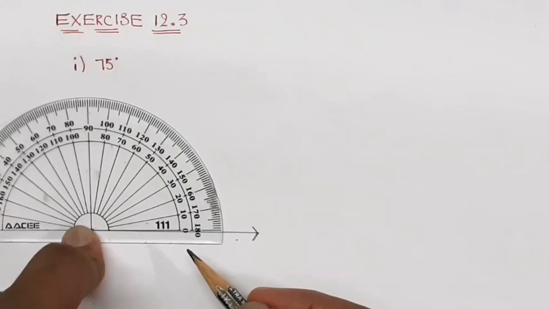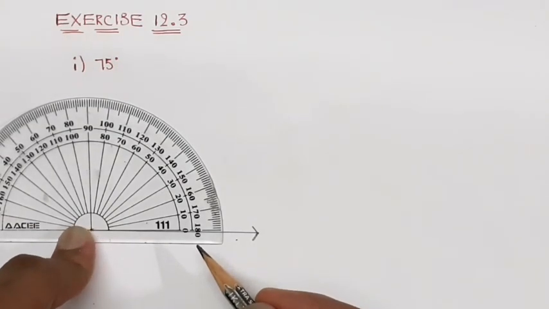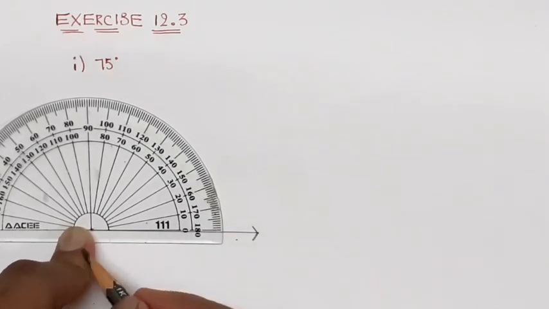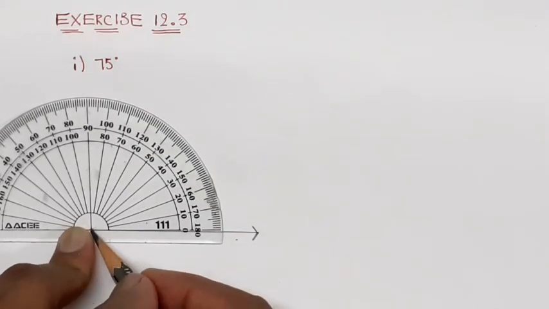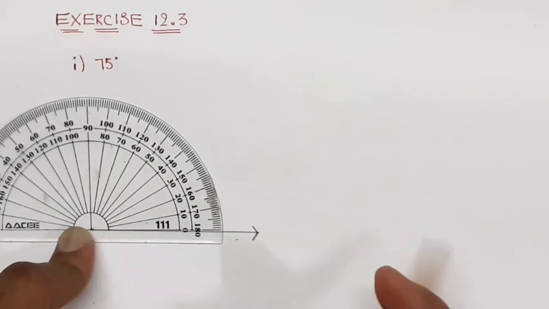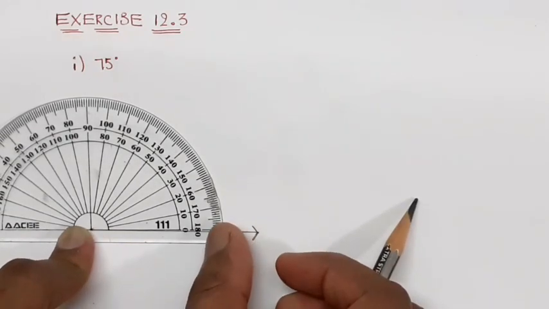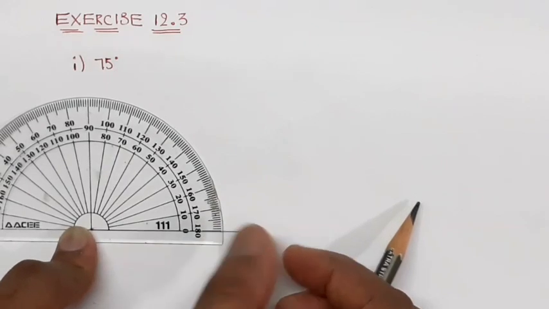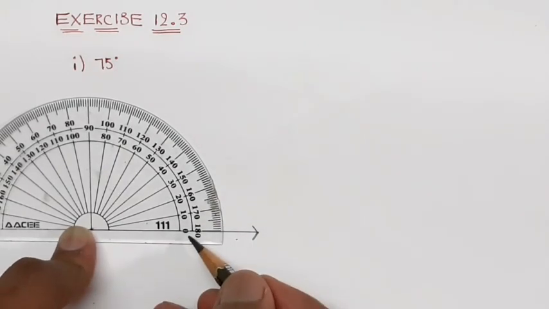Left hand anti-clockwise, right hand clockwise. Any of the ways you can take. So the center of the baseline and our endpoint coincided, which are on the left. Now we are taking inner scale.